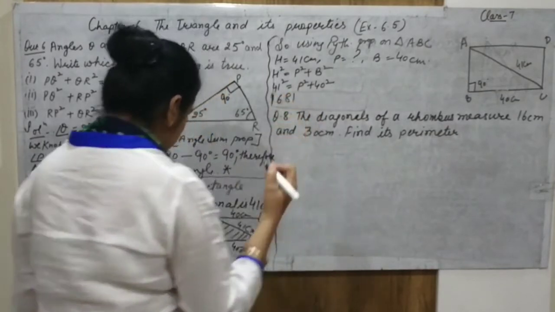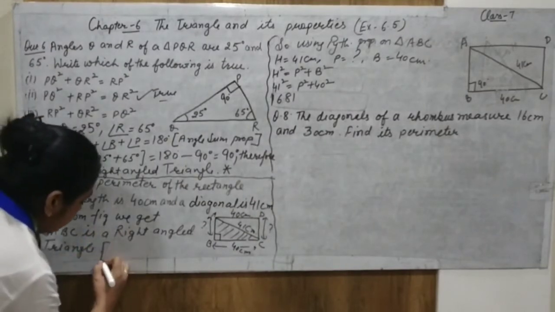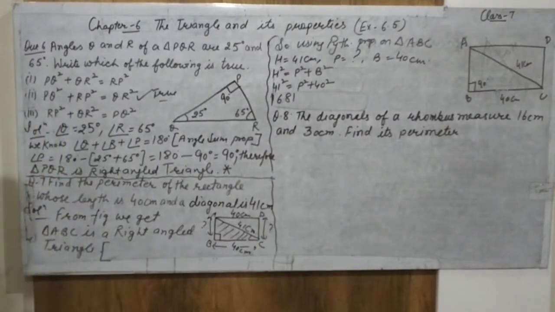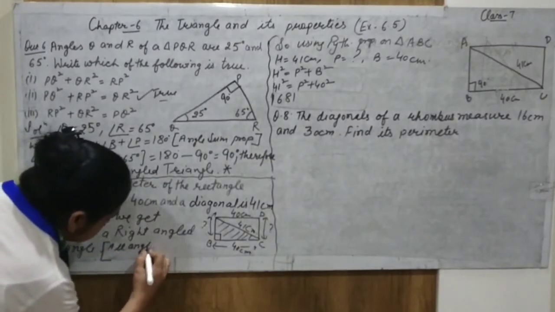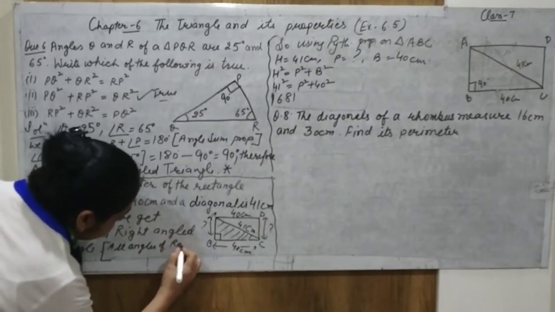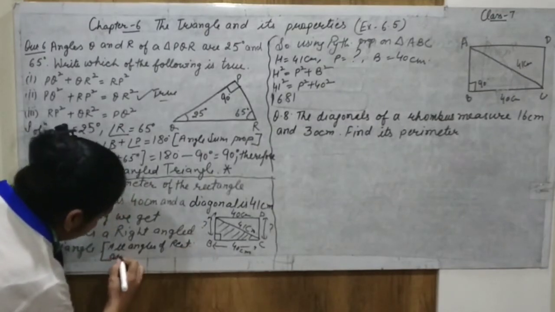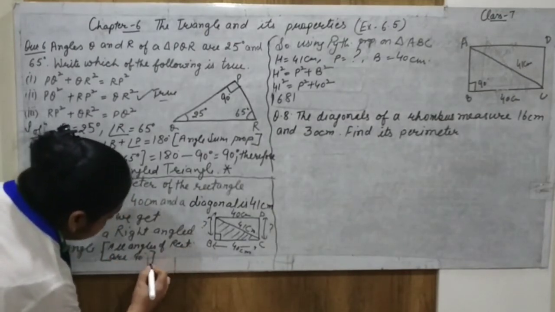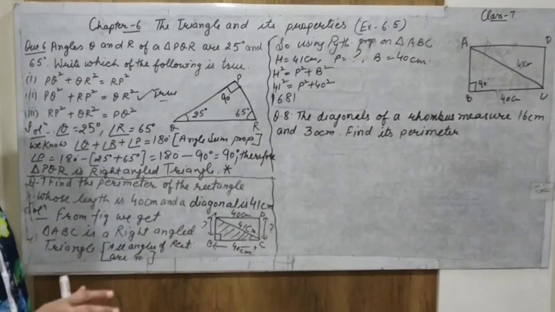Here you can also write that all angles of rectangle are 90 degree. You can write it, or using the property of the rectangle.